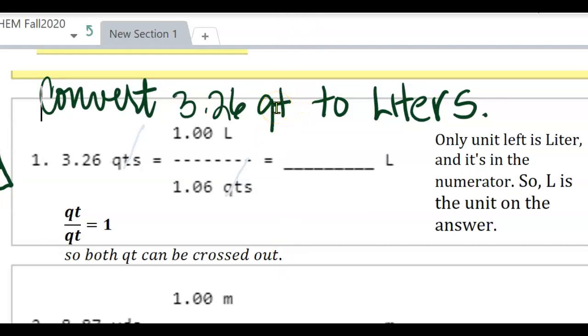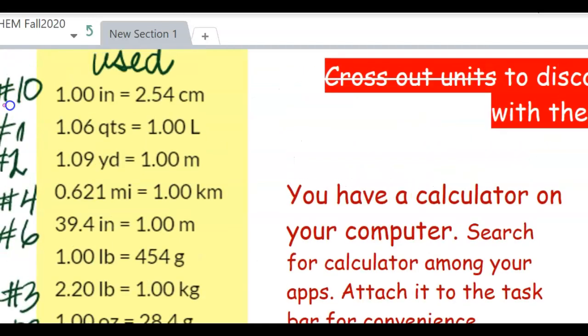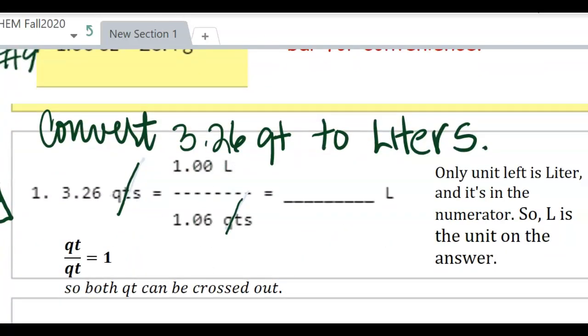If I start with quarts, I know I want to have quarts in the denominator, because do you see how I'm going to be able to cancel out quarts? Because quart over quart equals 1. So that's how I know I'm going to use this form of the conversion factor to cross out quarts.